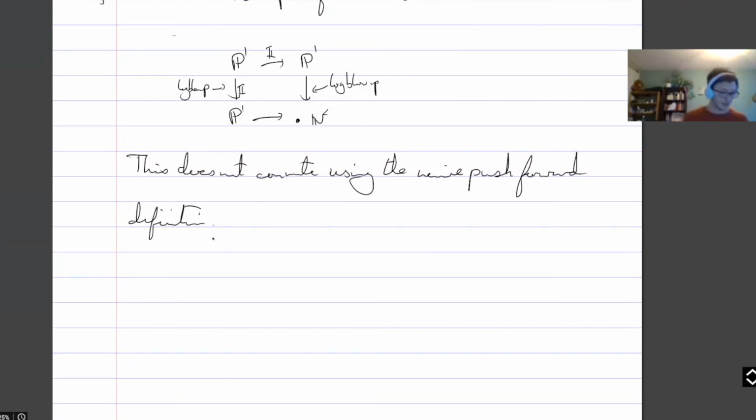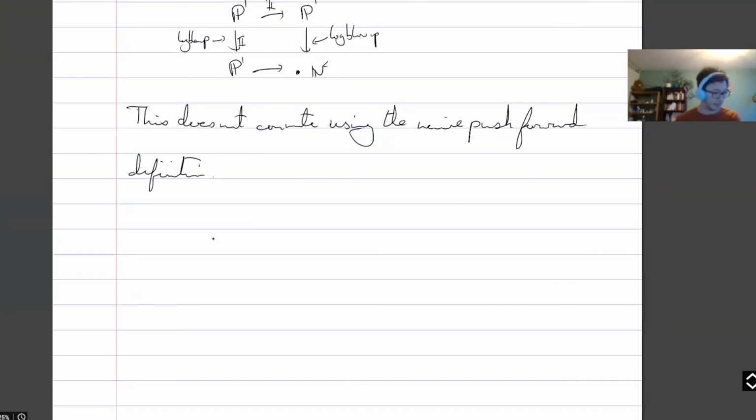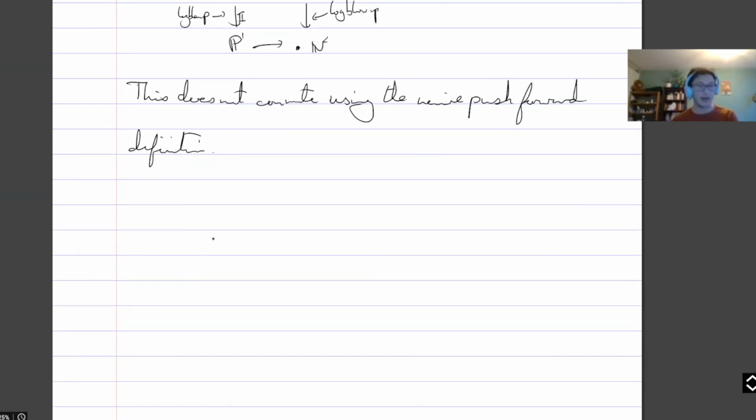And I guess I was going to define what it means for a map of log schemes to be integral, but we maybe want some time at the end for questions. But what I'm just going to say is it's because the map P1 to n squared is not integral. Thankfully, there's a way to save this.